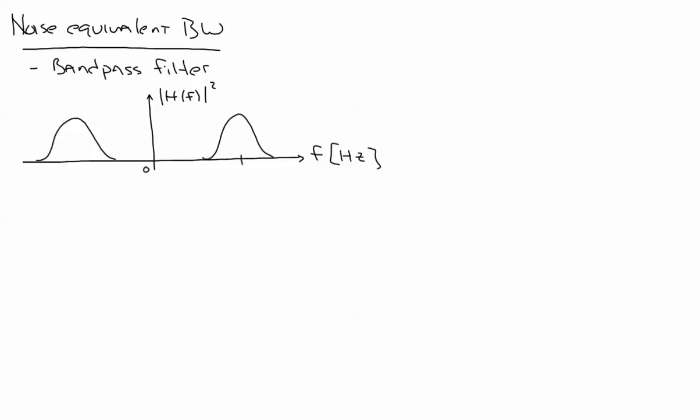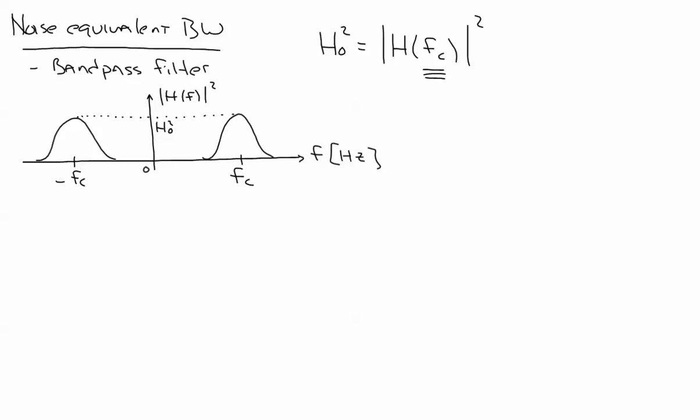This is going to be centered at frequency f sub c. This down here would be negative f sub c, and that is going to be H0. In this case, H0 squared equals the absolute value of my transfer function evaluated at fc. That's the only difference.